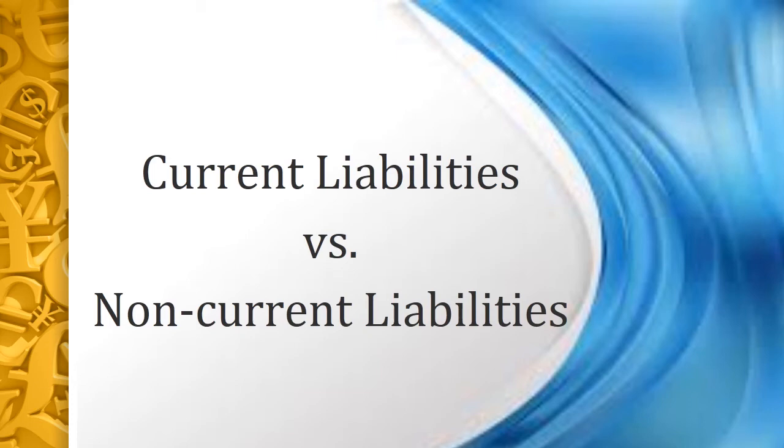Now, non-current liabilities are liabilities that do not fall due within 1 year after year-end date. So these are liabilities that are meant to be paid after 1 year or for more than 1 year. Examples include notes payable with terms of more than 1 year. We have loans payable and also mortgage payable.